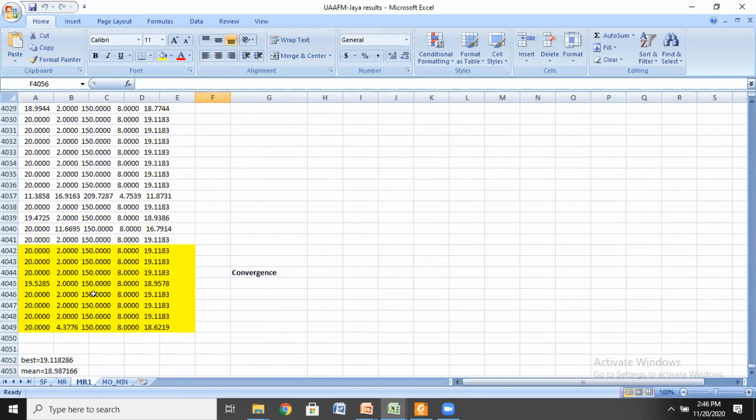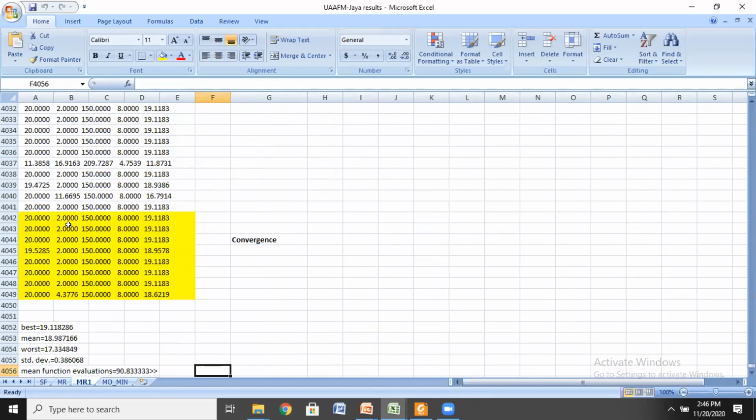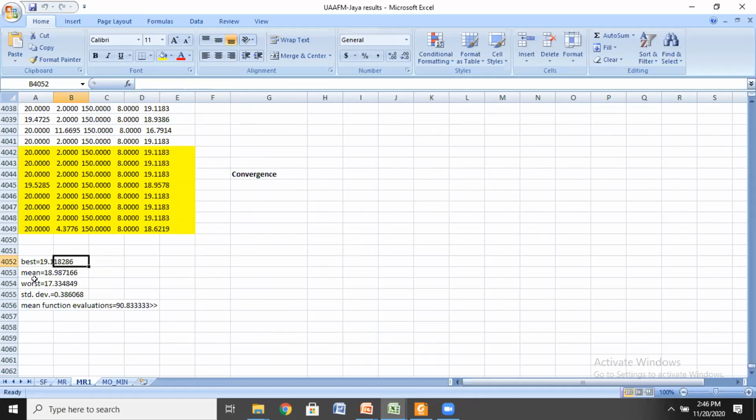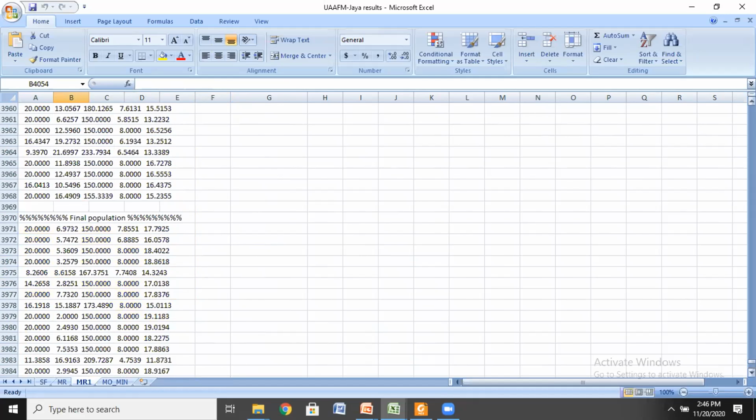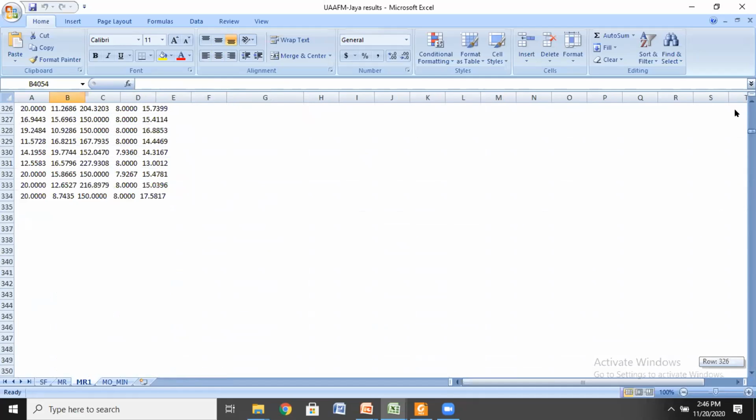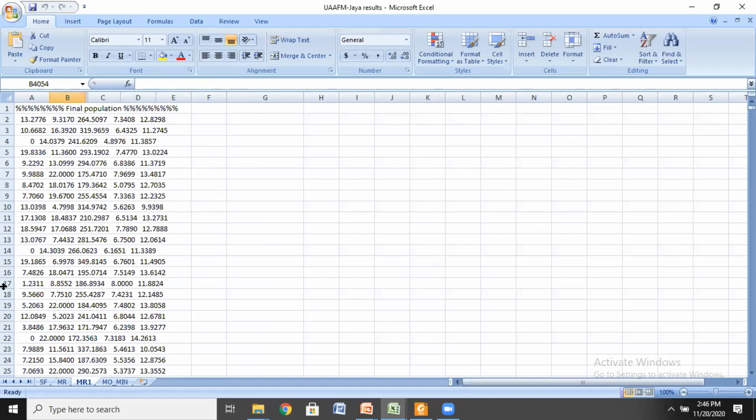Once your result converges, your parameter levels will repeat and your response will continue. In this case, this is for MRR, which is higher the better. Here you can see the best solution is 19.11 and the mean is 18.98. The worst solution is 17.33. It means that in the first step your worst solution may be different, but at the final stage your worst solution is also improving according to your objective function.